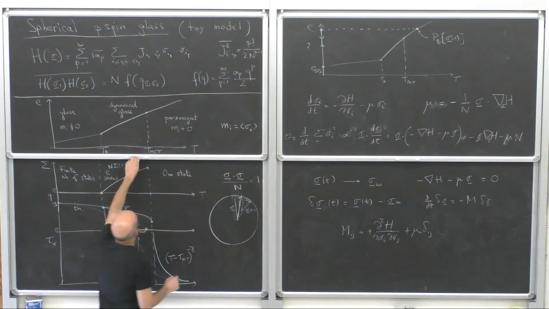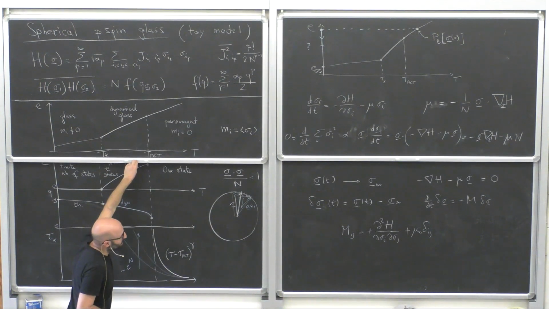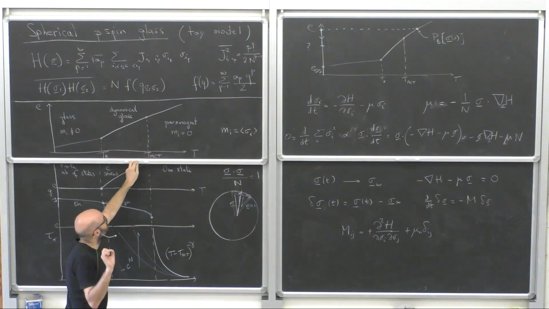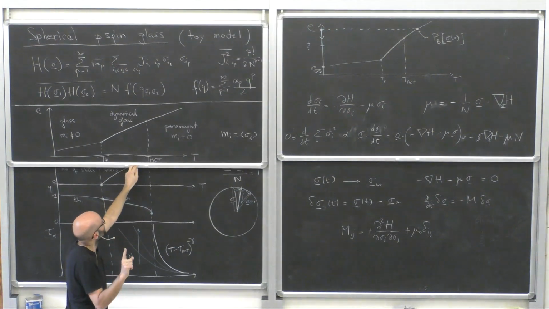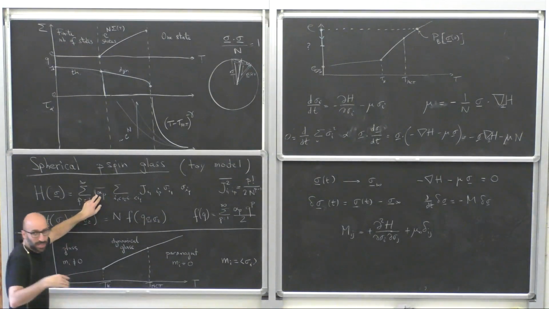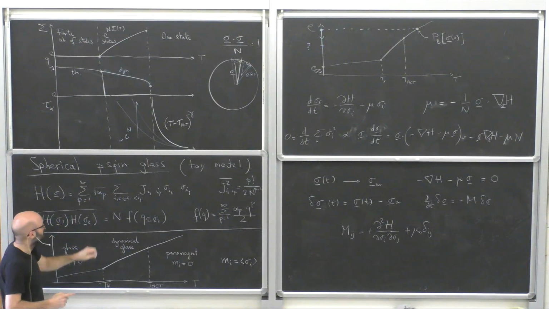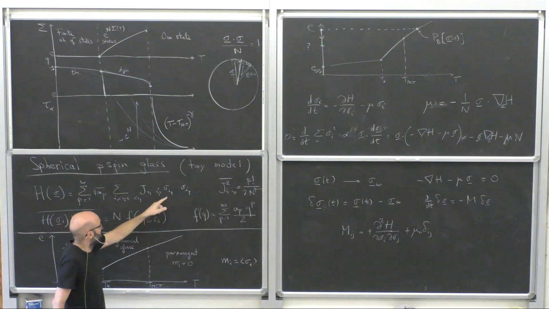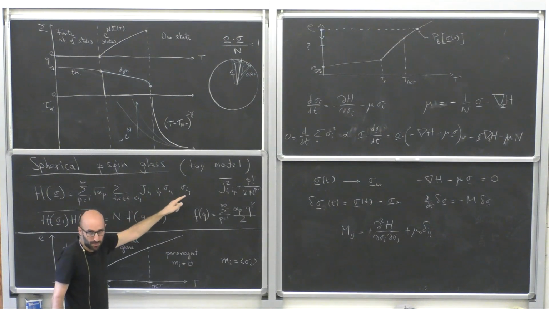But you see that if I take a pure model with only one p, so I set all the alpha p to 0 except one, then this thing is a sum of products of p spins.